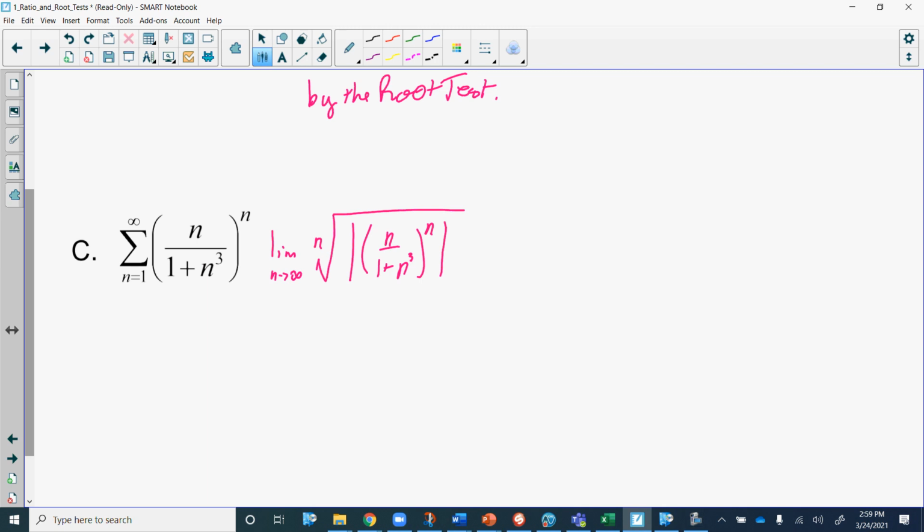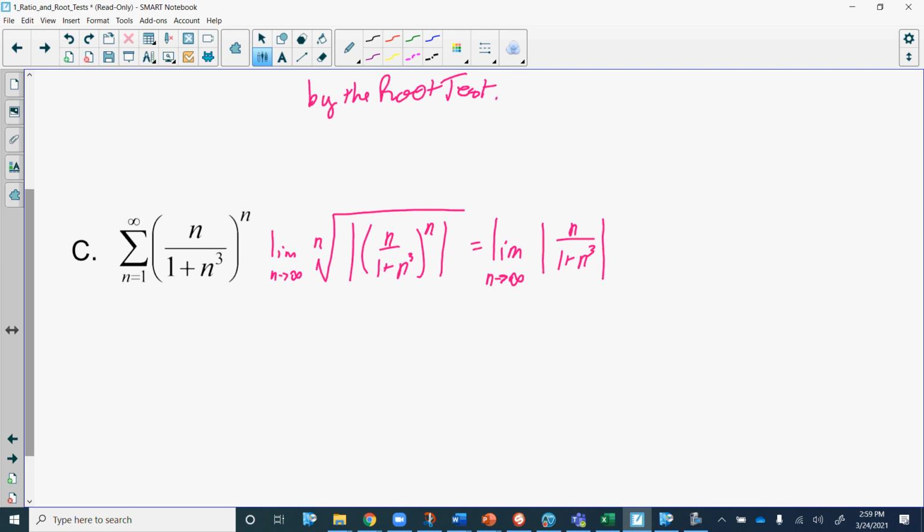Well, of course, the nth root and the power of n are going to undo each other, and that is going to leave me with the limit as n approaches infinity of the absolute value, and in this case we're going to just wind up with n over 1 plus n cubed.